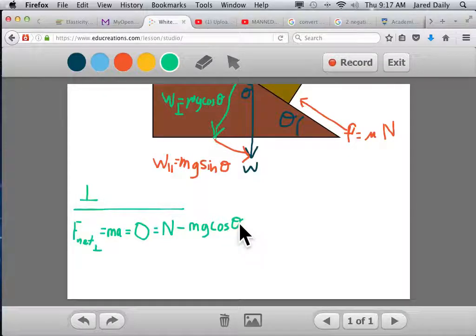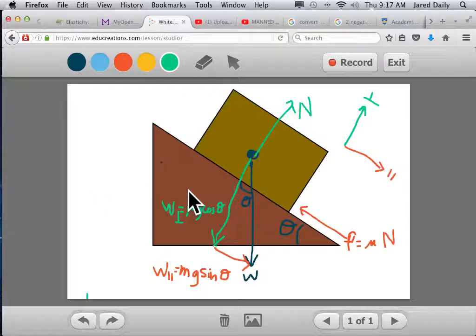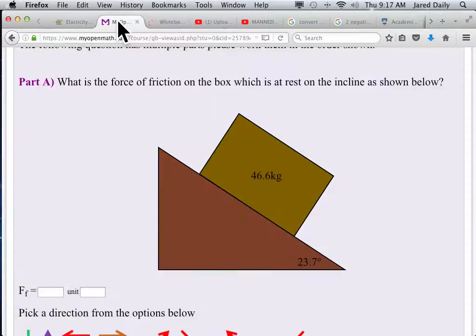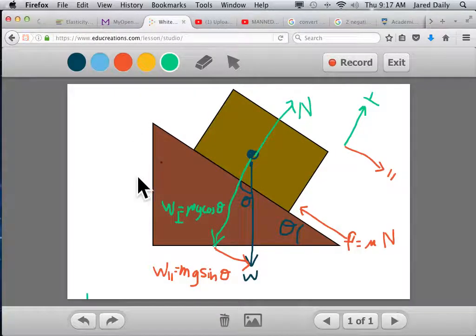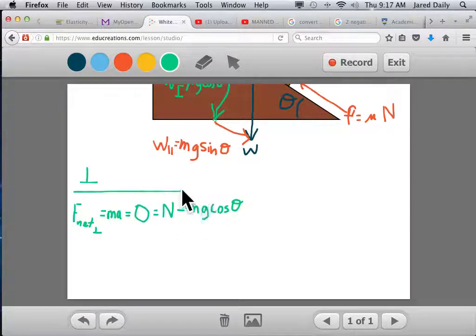Okay? Now before I move any further, let's go back to our problem, make sure we're going the right direction for this. One of the first things they ask us is the force of friction. To calculate the force of friction, we have to know the normal force. So I'm doing the right thing. I'm doing something that I need to do. So this equation, if I just take this part of the equation, I can solve for the normal force.